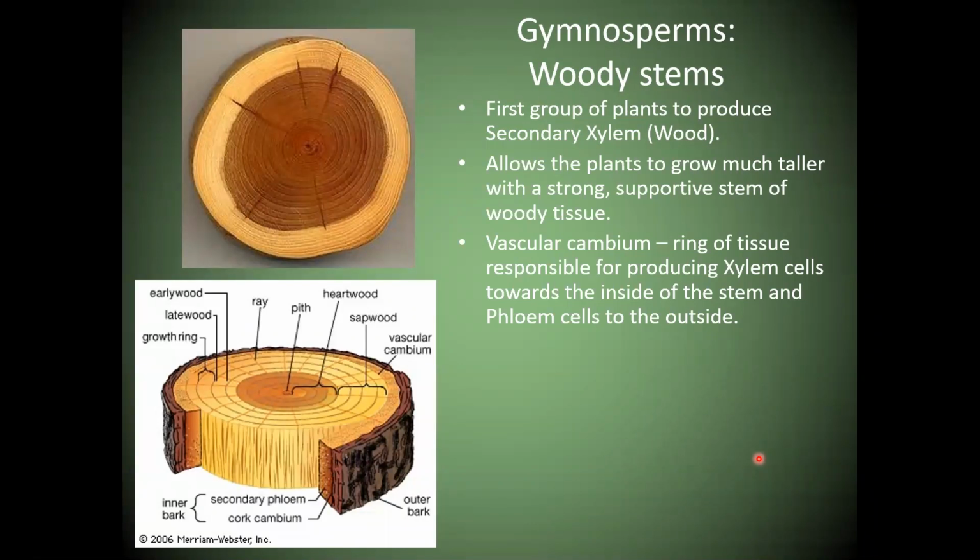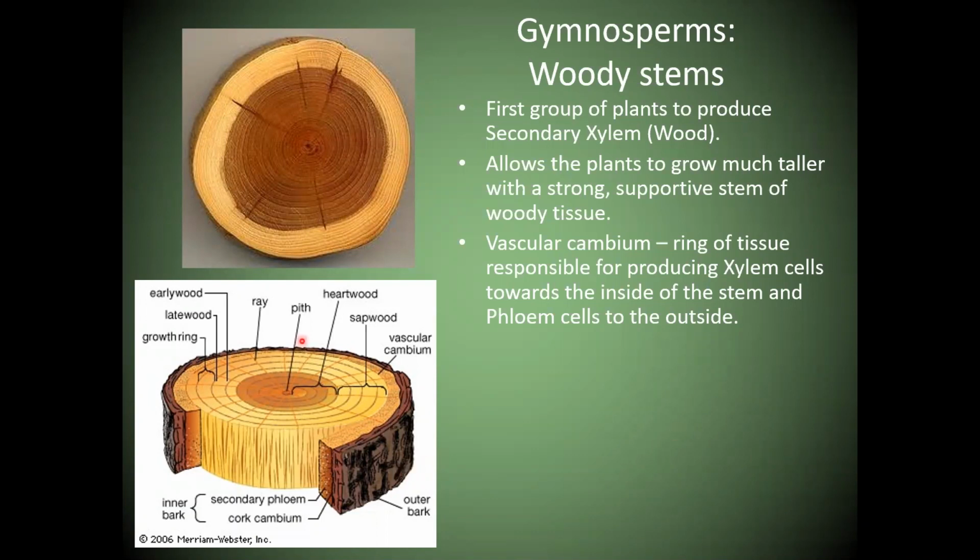Now, in order to produce secondary xylem, a wood, you need to have another meristematic tissue that produces that particular secondary wood. So the vascular cambium is a meristematic tissue that is ring-like in arrangement, right?